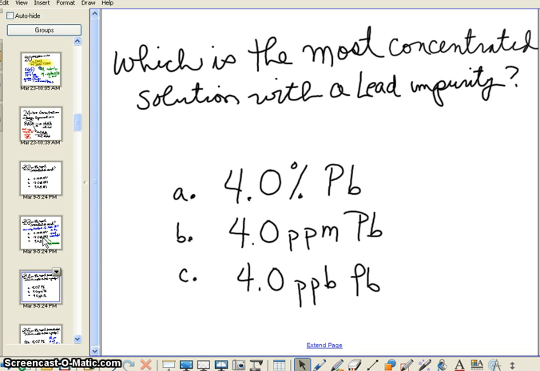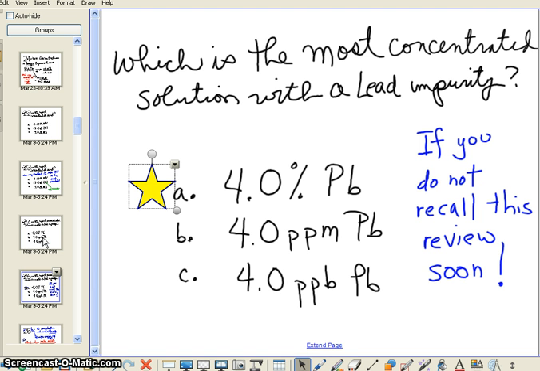But do you have an answer? Here comes the next slide. Okay? Yes, 4% means that 4% of the mass of the solution is lead. 4 parts per million would be 4 grams of lead in 1,000,000 grams of solution. That's much smaller than a 4% solution.